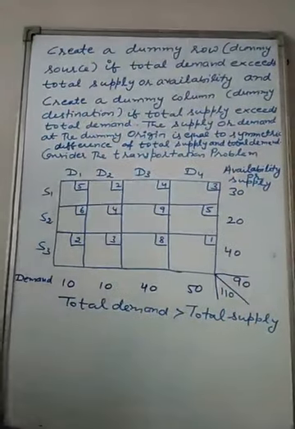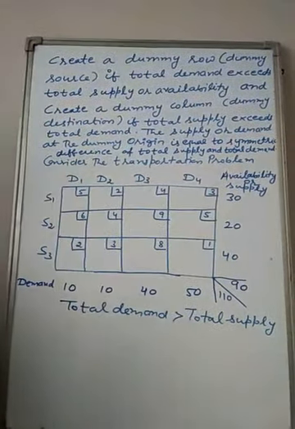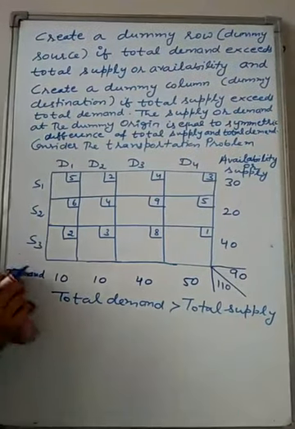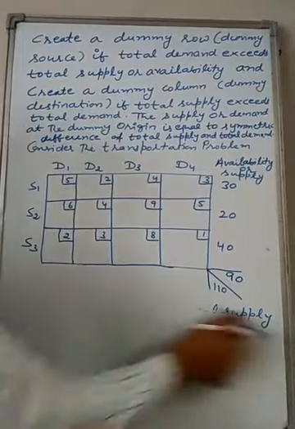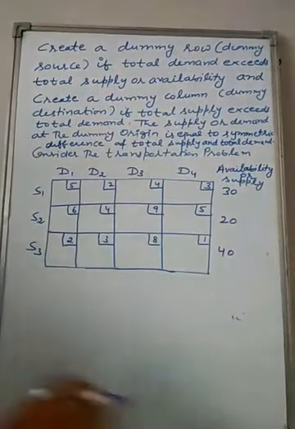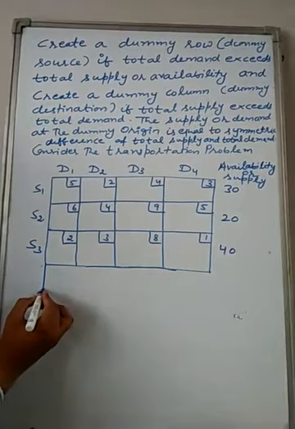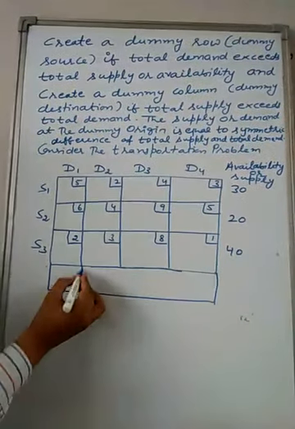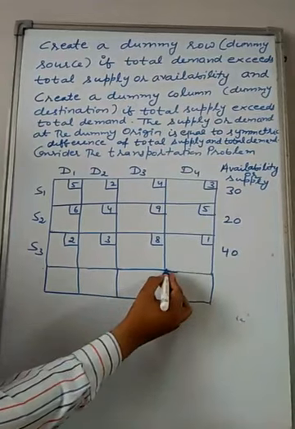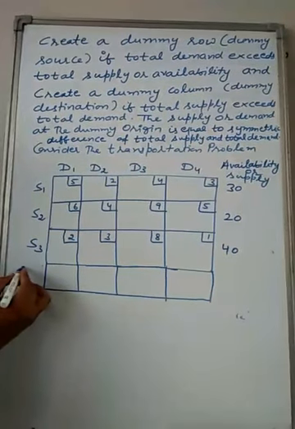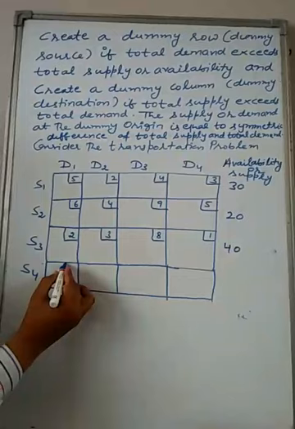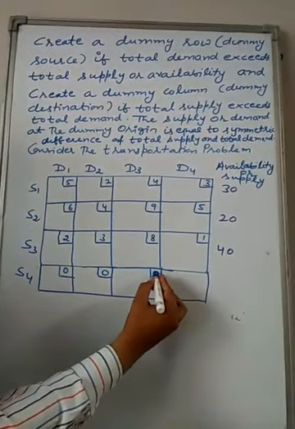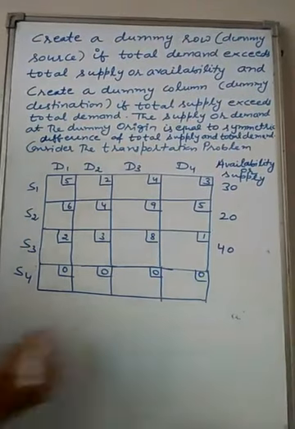Now we change this problem into a balanced transportation problem. Here we create a dummy row, or we say dummy source S4, with the costs as 0, 0, 0, 0.